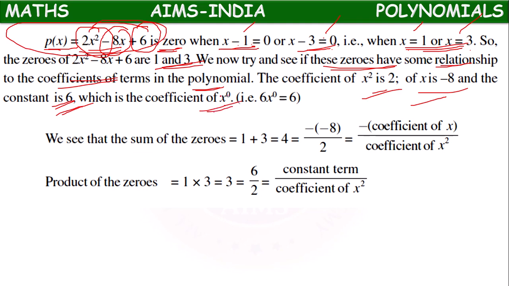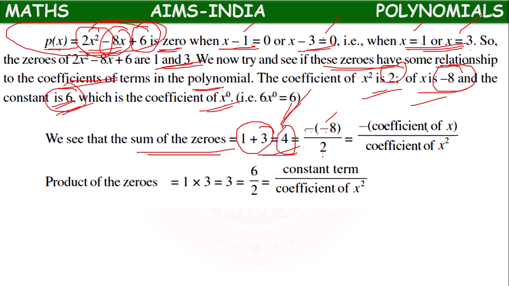The sum of zeros, 1 plus 3, is 4. With the help of coefficients, is there any possibility of getting 4? 4 can be written as minus of minus 8 by 2.